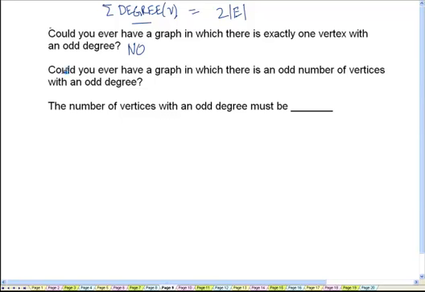Here's a slight extension to the same question. Can you ever have a graph in which there is an odd number of vertices with an odd degree? So instead of one, you have an odd number of vertices in general with an odd degree.